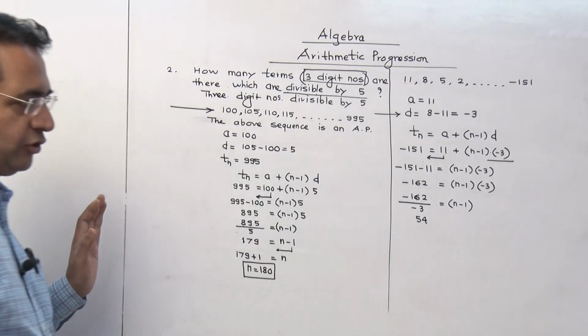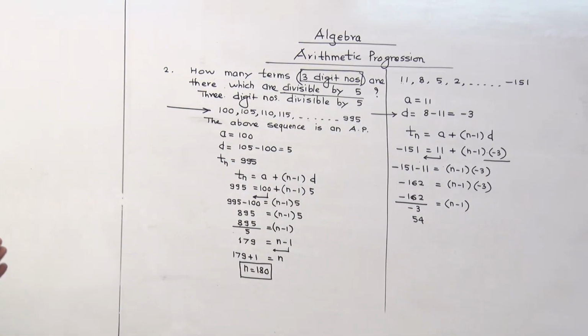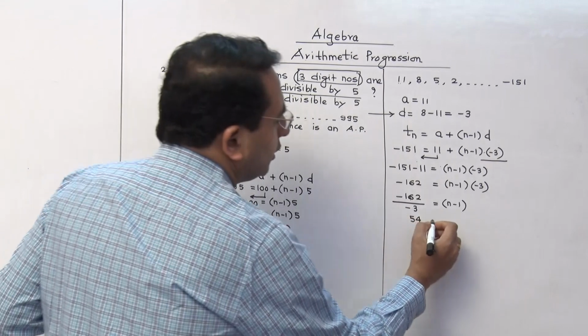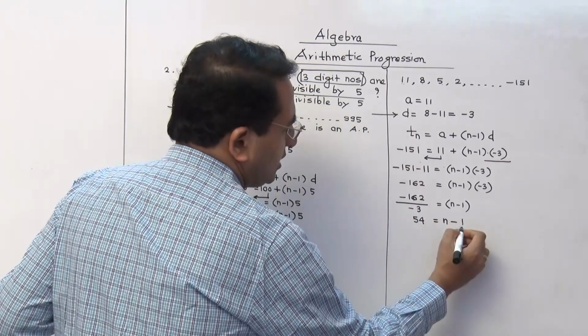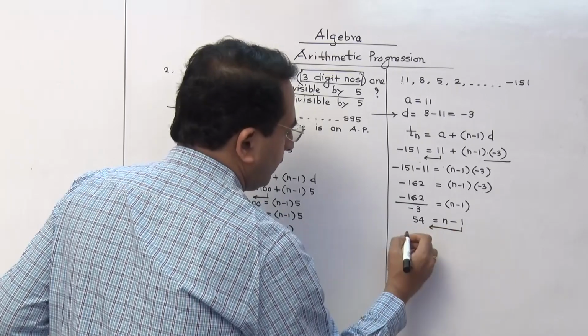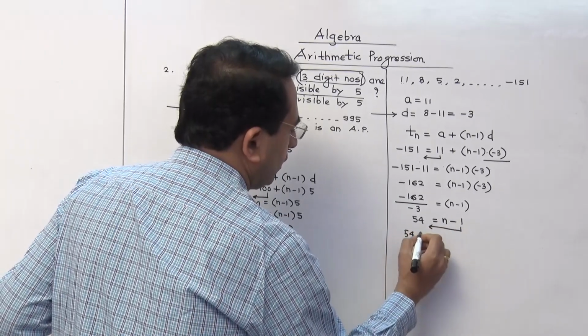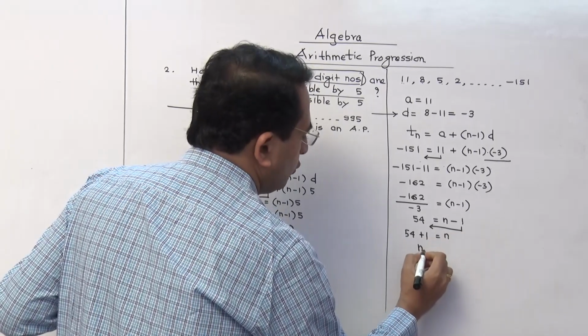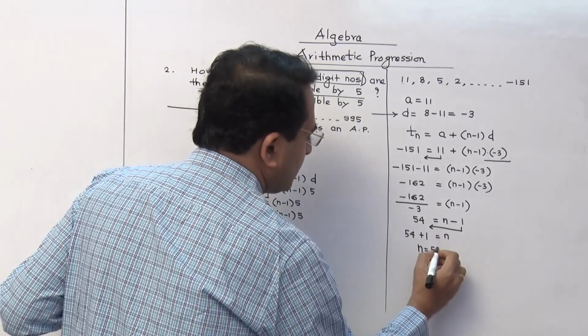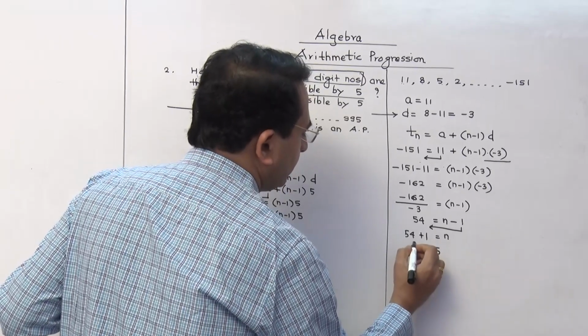So your answer you are going to get here as 54 is equal to n minus 1, now there is no need of putting a bracket on the other side. This is transferred on the left. So it is 54 plus 1 is n. So n value you are going to get as 55.